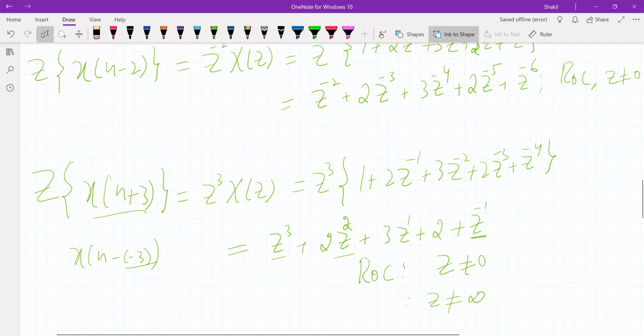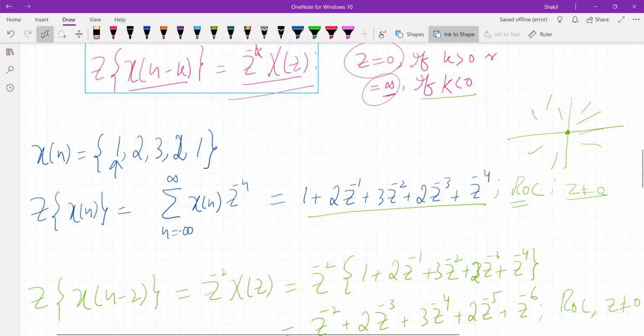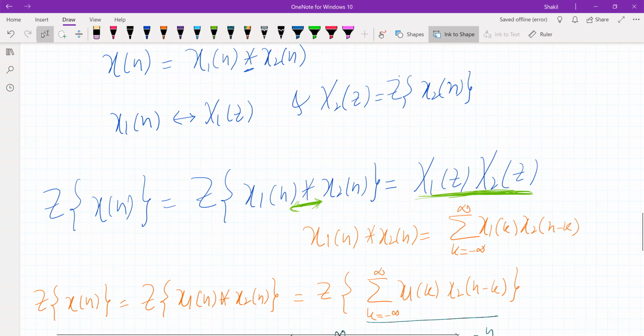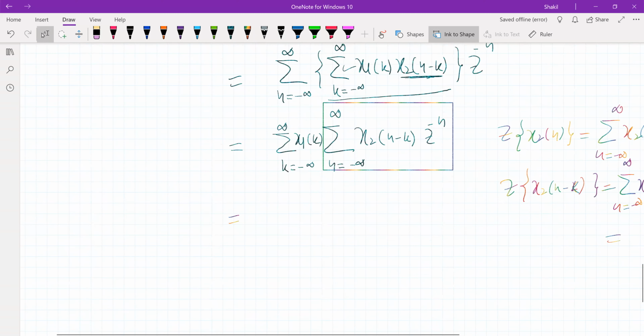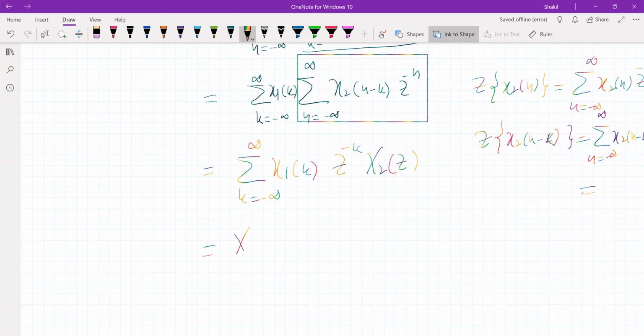From here we have already solved it. We know the z transform of this was simply z raised to minus k, X of z. So here instead of X of z we have X2 of z. So substituting this, we can write it as the sum to infinity of x1 of k, z raised to minus k, x2 of z. Now you can check that x2 of z is independent of this now.